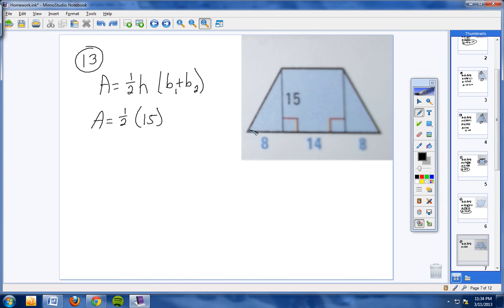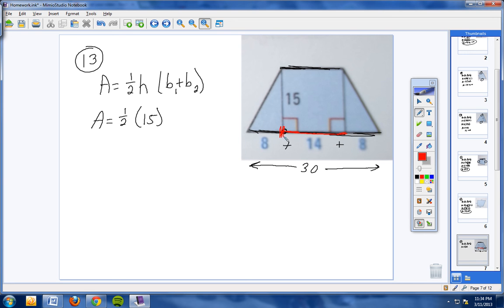What's this whole base down here? Well, it's 30. 30 goes all the way across, right? 8 plus 14 plus 8, so your whole base is 30. Now, how much is this base up here? Well, would it not be the same as, I'm going to highlight it in red, this length right here?